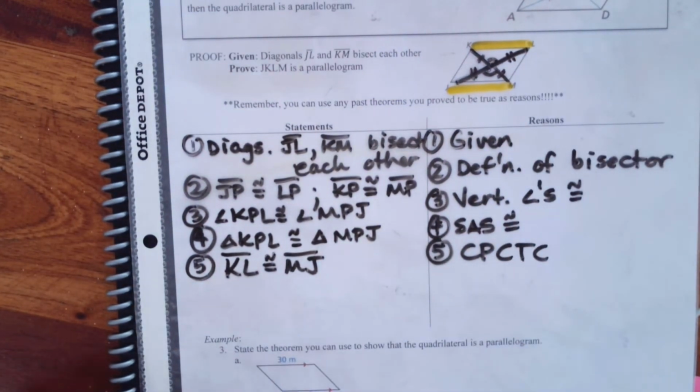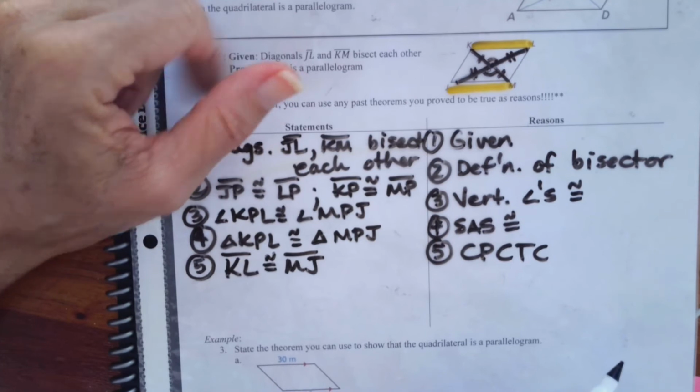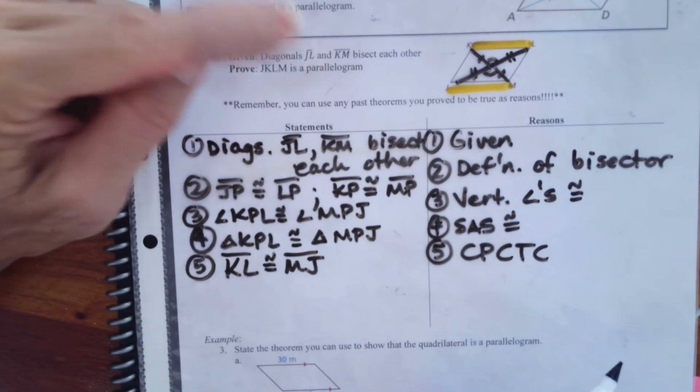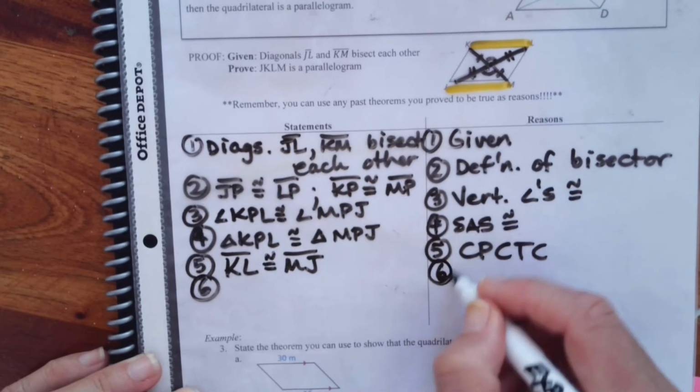So I have congruence. Now I need parallel, okay, because the previous theorem said if I can prove alternate interior angles, if I can prove parallel and congruent, then I've got it. That's one of the definitions.